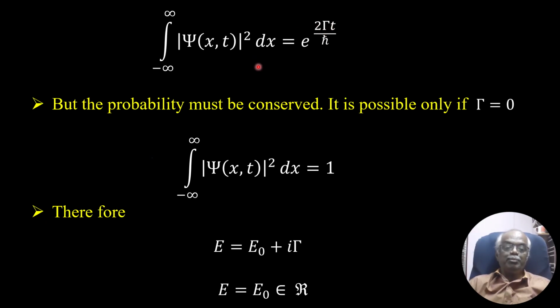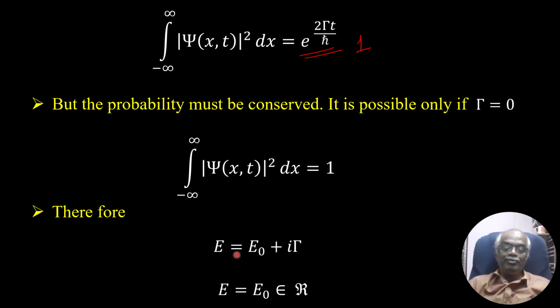But the probability must be conserved. That is, this must be equal to 1. It's a normalization condition. When will it become 1? Only if gamma is 0. When gamma is 0, this will become 1. Therefore, E is equal to E naught plus i gamma, but we have seen that for normalization, gamma must be equal to 0.